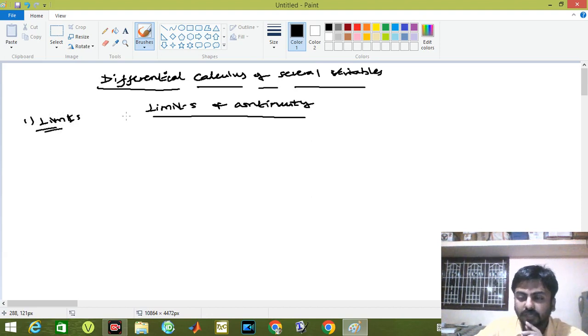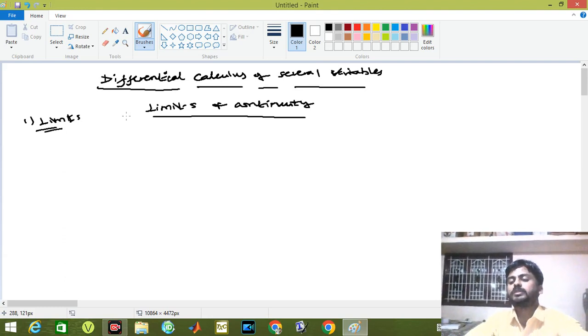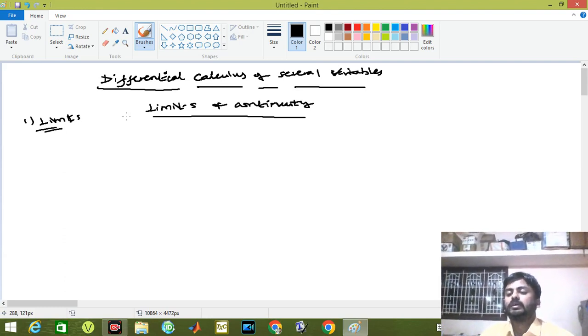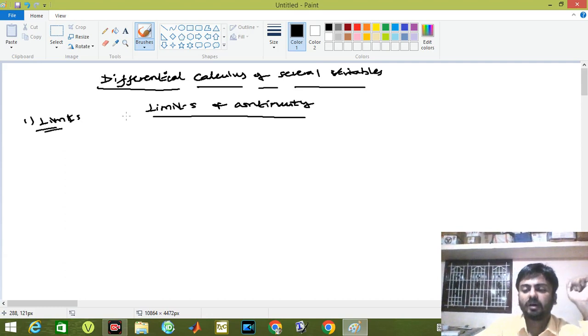In differential equations, when we are modeling some natural problems, we will have some questions among us: what is the source, what is the destination, and what is the path? To every origin there will be some destination. So to any problem there exists some limit. That we should know.